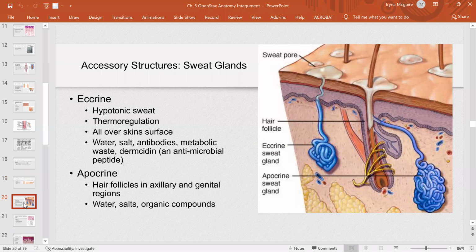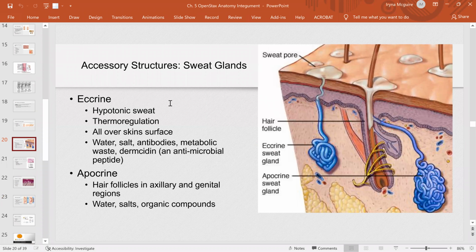Another accessory organs are sweat glands. We have two types of sweat glands, eccrine or merocrine, and apocrine.